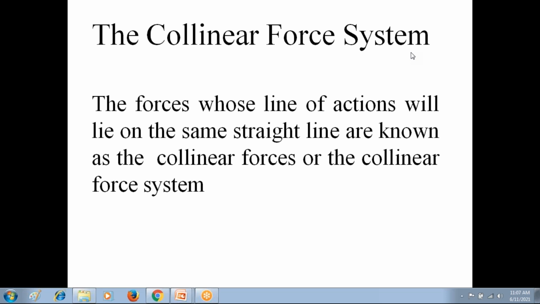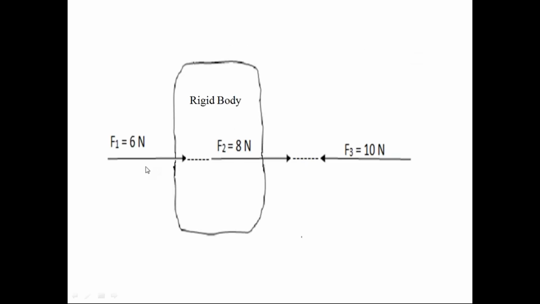Please everyone see this diagram on the cell phones. Here we have 3 forces, F1, F2, F3. F1 has a line of action, and its magnitude is 6 newtons. F2 has a line of action, also called direction, and its magnitude is 8 newtons.